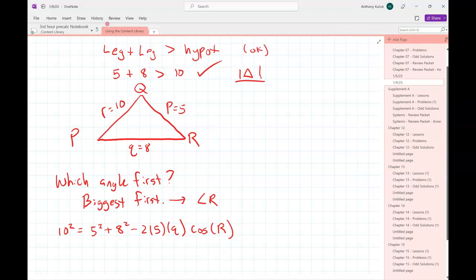Okay. When I said Q, I meant to write the number, not the letter. I meant to write the 8.